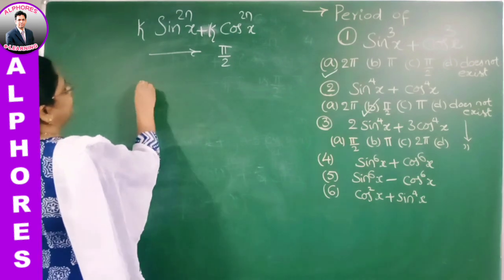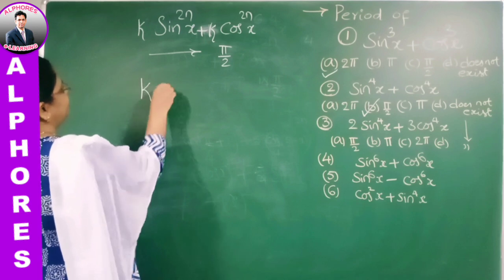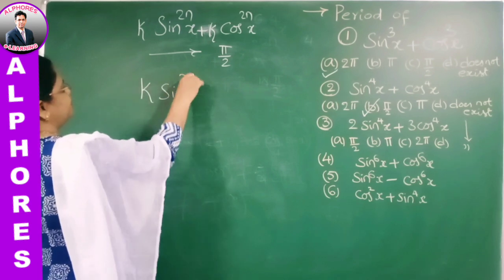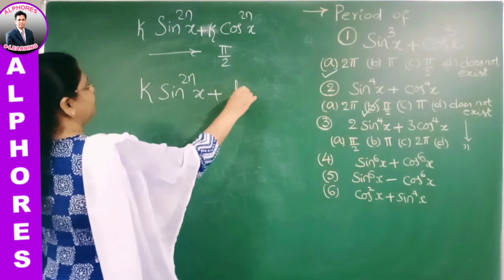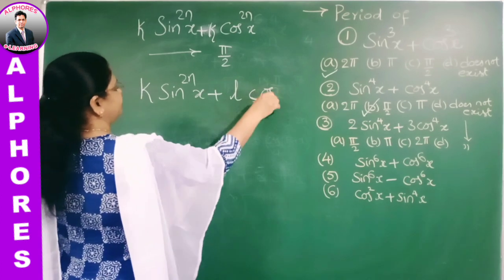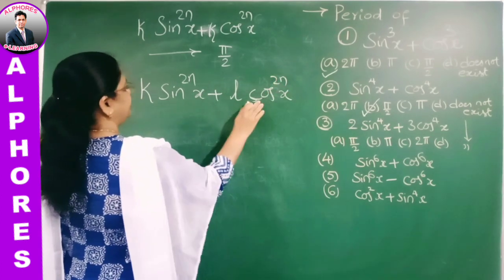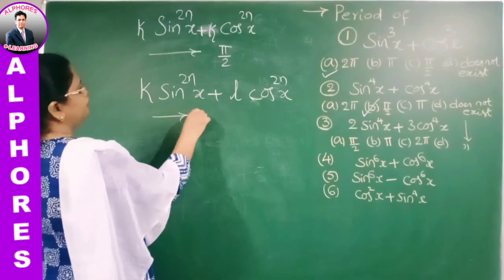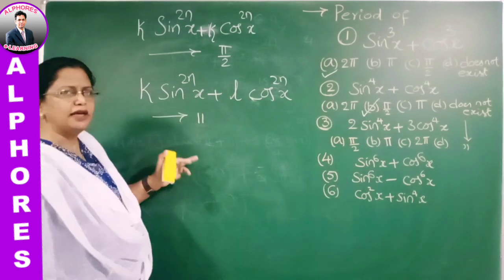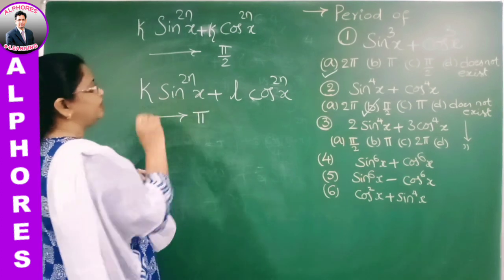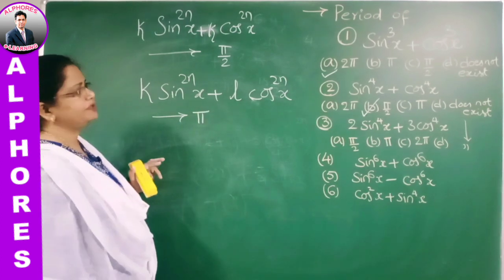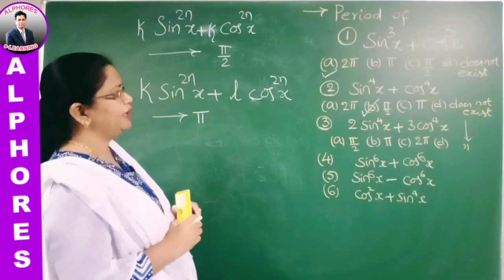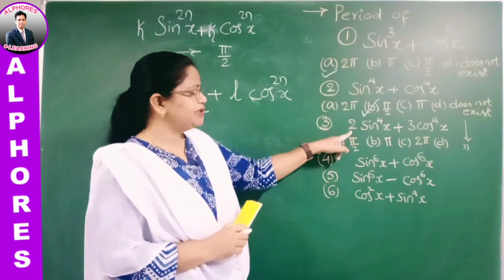And the other one: if I write k times sin to the power of 2nx plus some L times cos to the power of 2nx, then the fundamental period cannot be pi by 2, it is only pi. Understand, students?